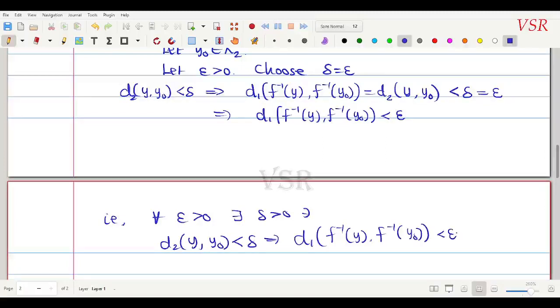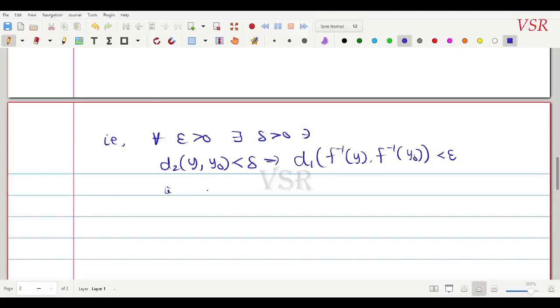That is f inverse is continuous. அப்ப எனக்கு என்ன ப்ரூஃப் பண்ணிருக்கேன்? Thus f is bijective and bicontinuous.